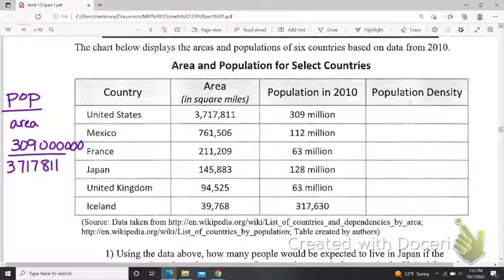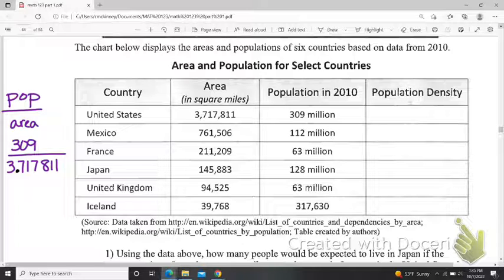But what I'm going to choose to do is put them both into millions. This one is already in millions. And if I put my decimal here between the 3 and the 7, that is also millions. Now don't round it off. Wait to do your rounding at the end.